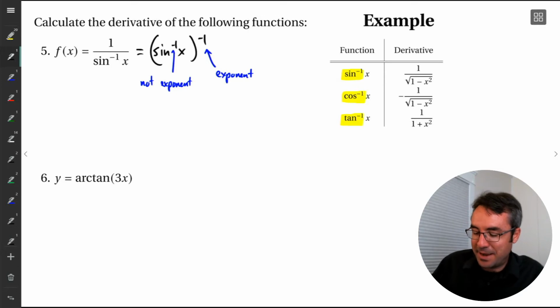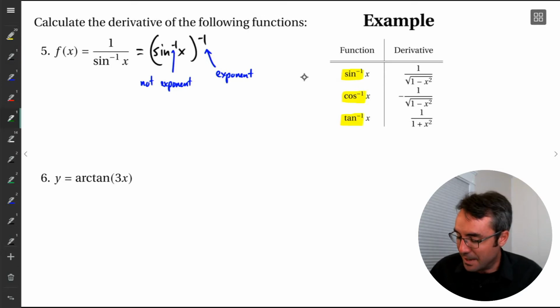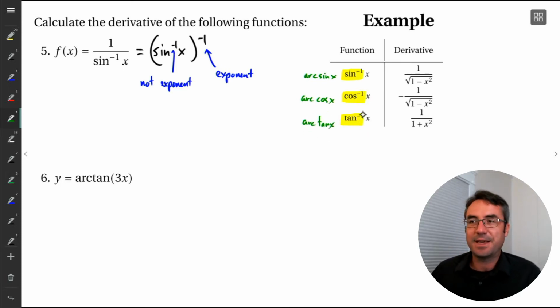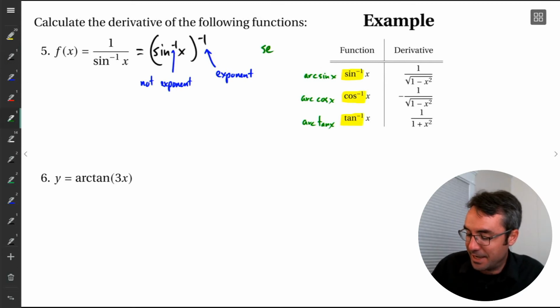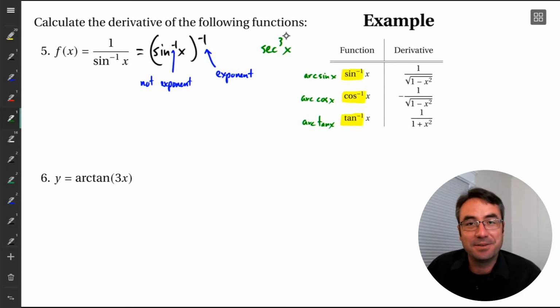That's sometimes why I like arc sine of x, arc cosine of x and arc tan of x. A little bit wordier, but they avoid that ambiguity. And it's even more confusing because in a previous example we saw something like secant cubed of x. This cubed is an exponent.